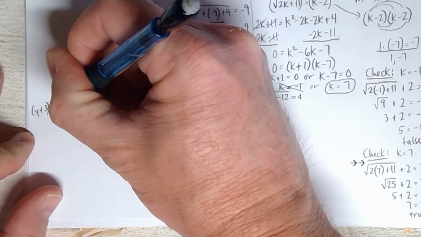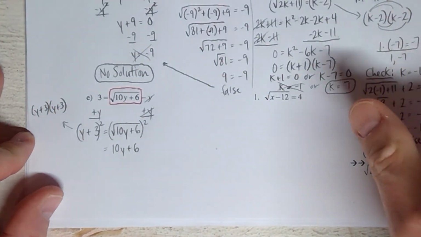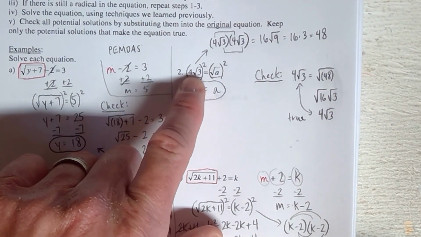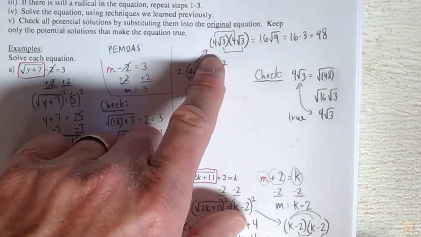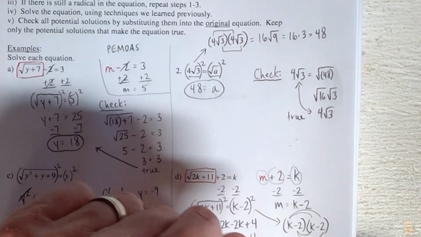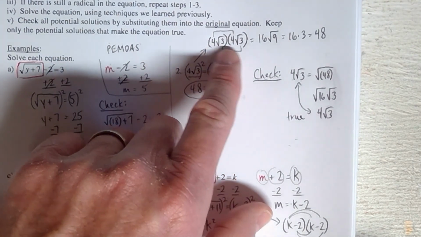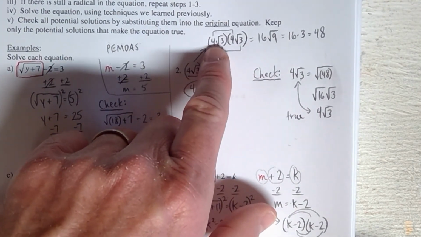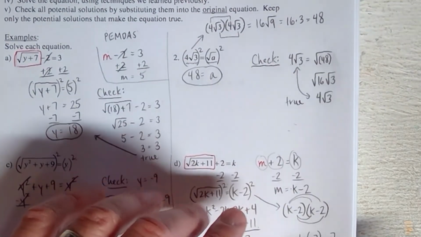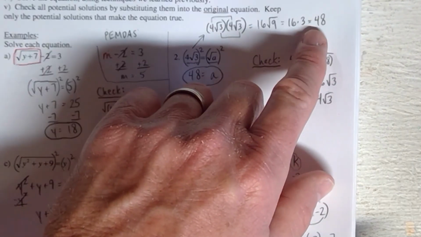Remember, this is different than, say, right here. Why did we not do that same kind of thing here? Actually, we kind of did. We did write out the bracket twice, but we didn't multiply it in the same way. That's because this is a single term here. There's no plus or minus in between the 4 and the radical 3. So you did the multiplication completely different.